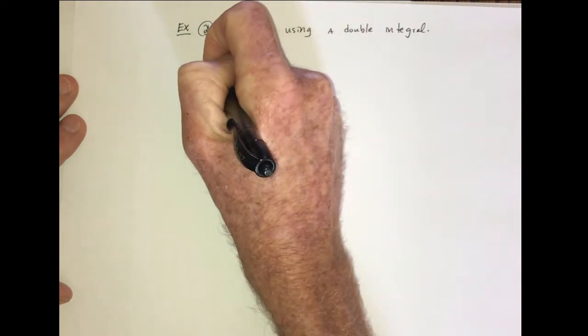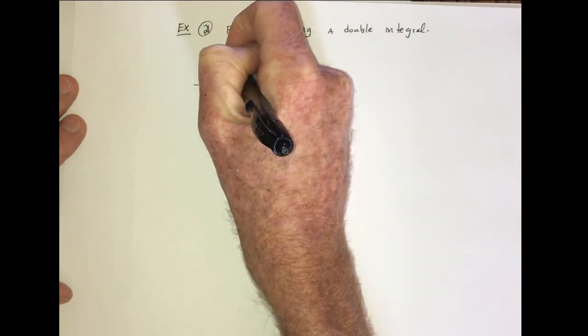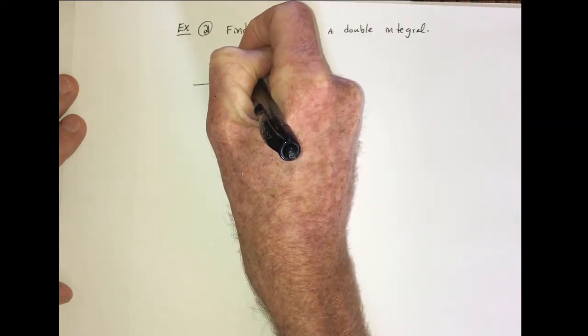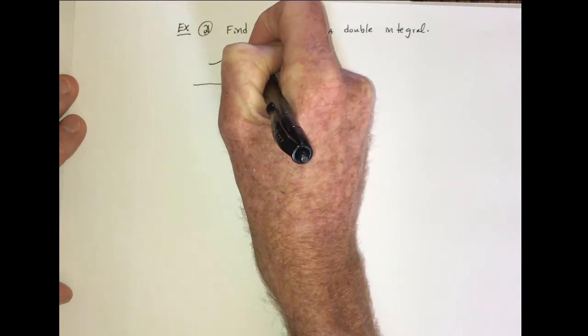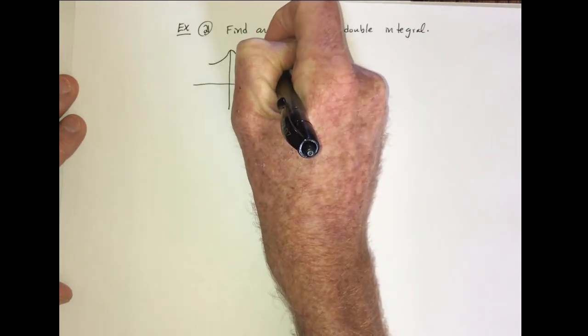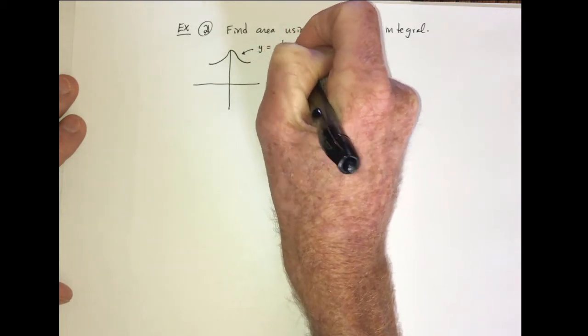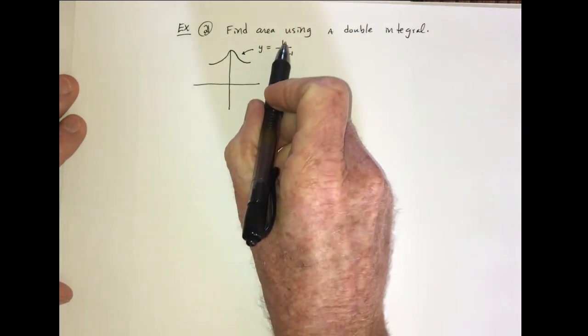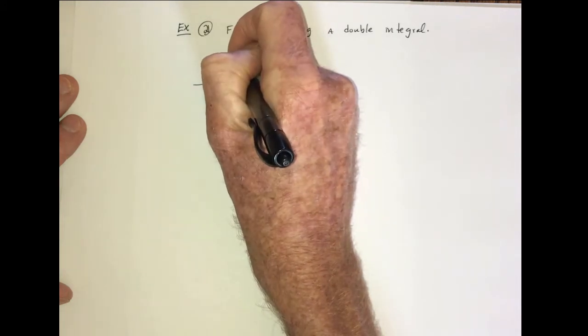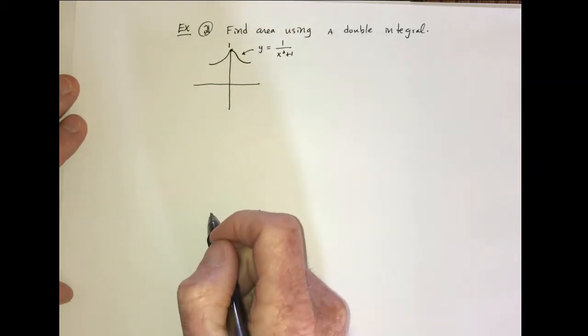So one is this little bell-shaped curve function that looks like this. And then that function is y equals 1 over x squared plus 1. And when x is equal to 0, it's going to be 1 over 1. So this is a height of 1 right here.